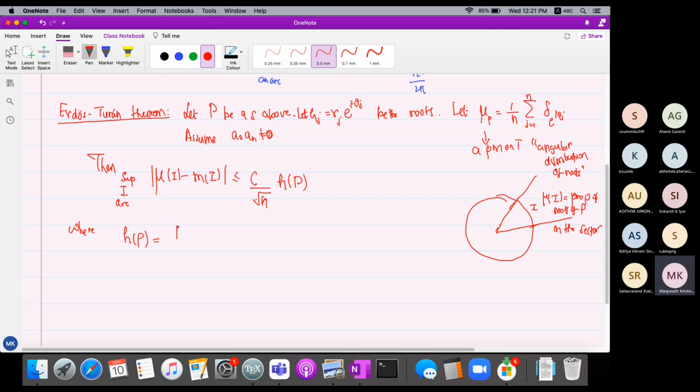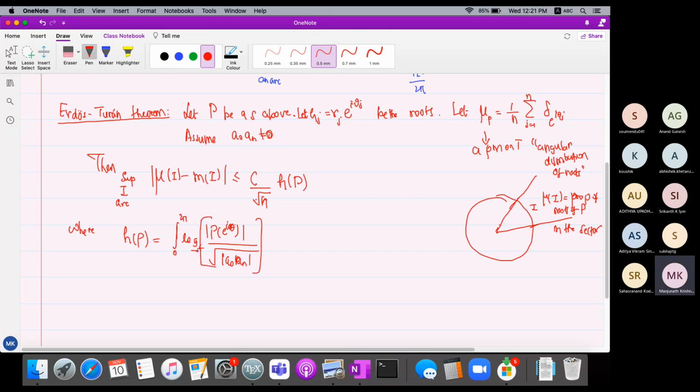Okay, so it is defined as the integral from 0 to 2π of log plus of the absolute value of p(e^{iθ}) over the square root of a0 times an absolute value.